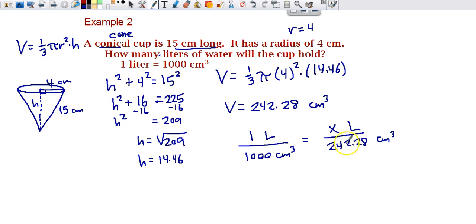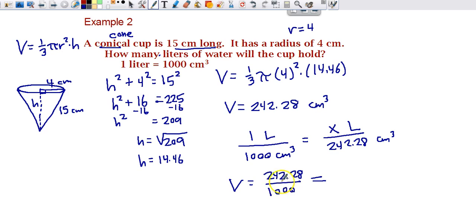So to do that, you're actually going to divide, because if you cross multiply and times it by 1 and then divide by 1,000, your volume is going to be that many liters.